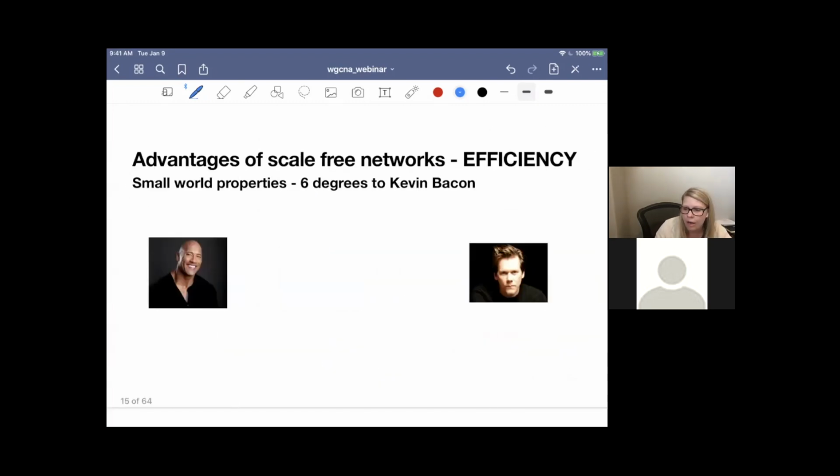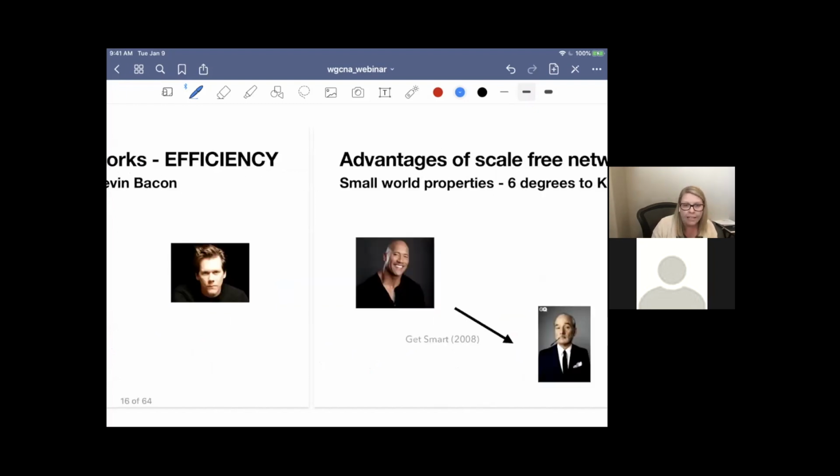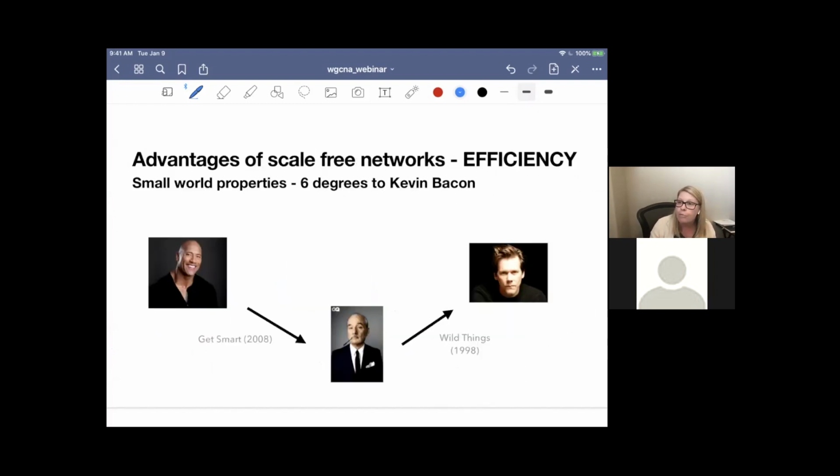One of the pop culture references to the small world network is, if you've ever heard of the game of 7 degrees to Kevin Bacon. And this reflects what we're talking about as efficiency, that we can get from any celebrity to Kevin Bacon within a few connections, right? So here we have Dwayne Johnson, The Rock, and Kevin Bacon, and they have never been in a movie together, but the concept of 6 degrees from Kevin Bacon is that we can easily find somebody that they're both connected to.